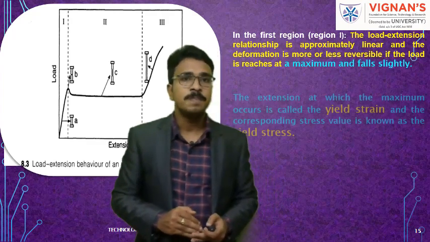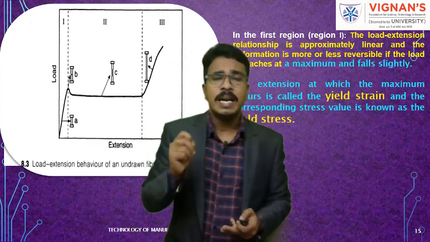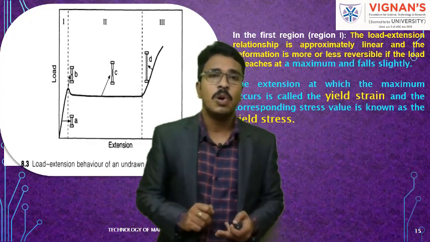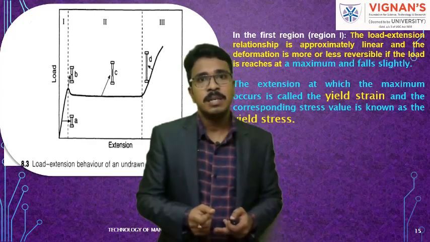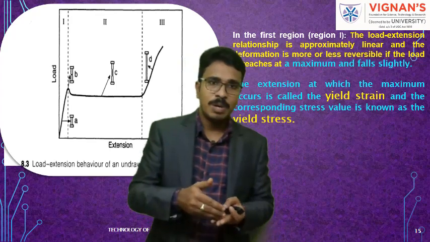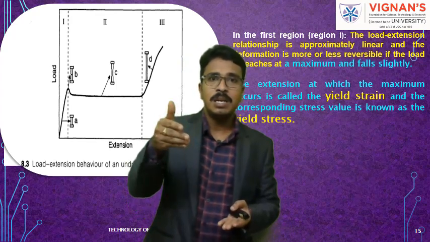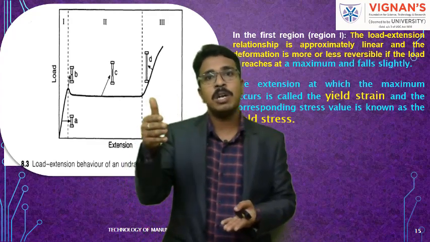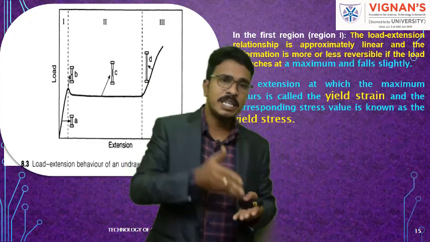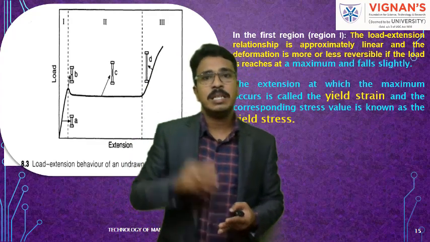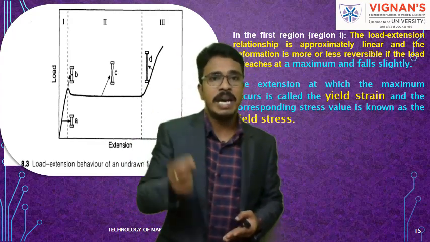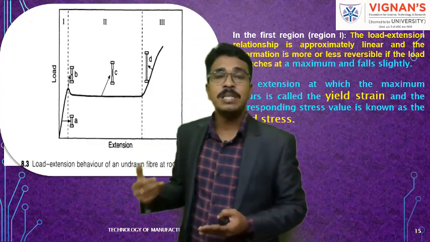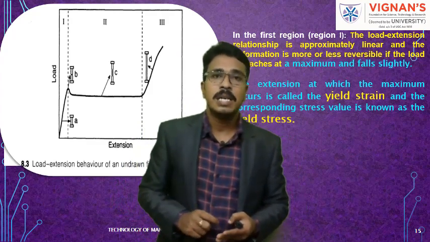Understand? The extension at which the maximum occurs is called the yield strain. That is the point up to which, if you remove the load, the filament again comes to its original length. The corresponding stress value is called the yield stress.